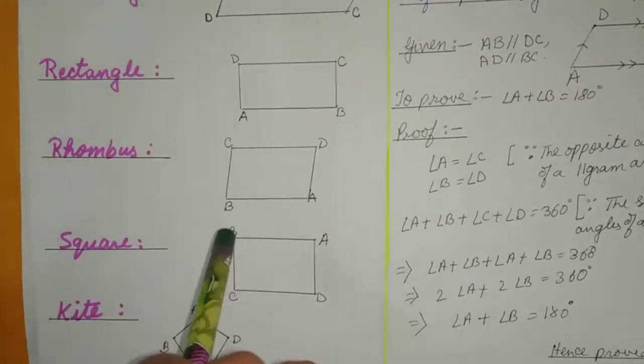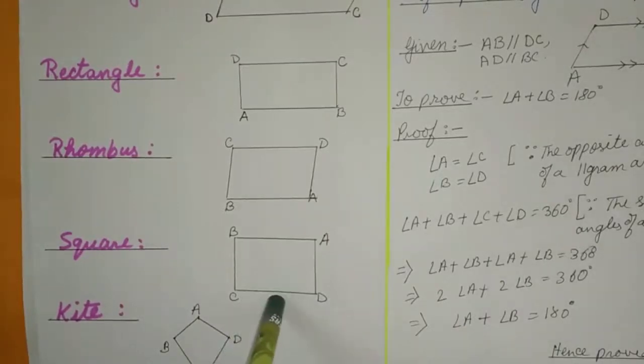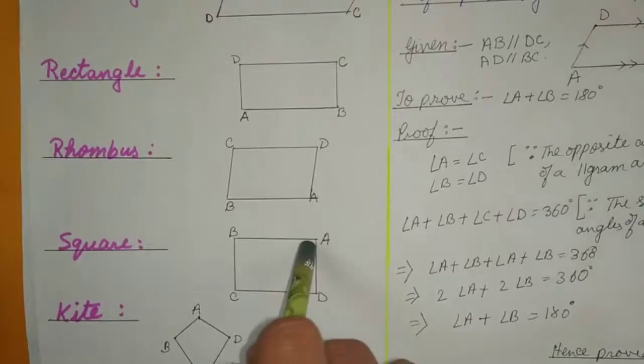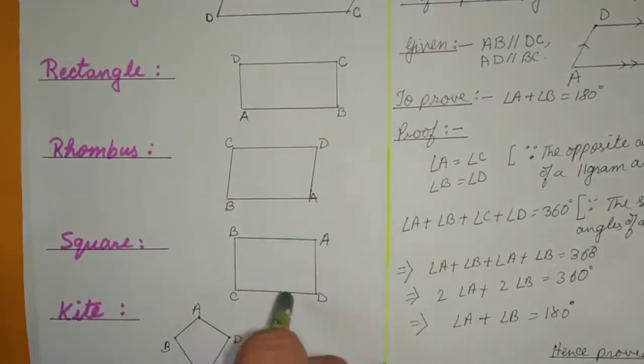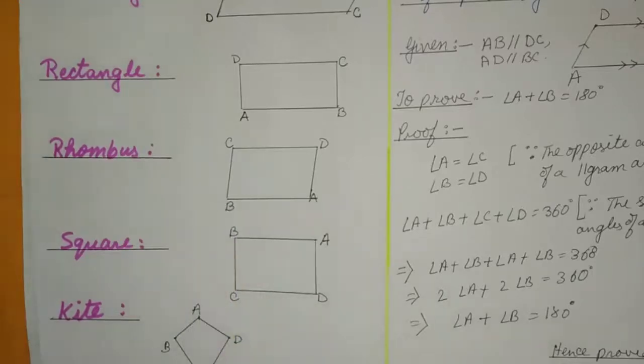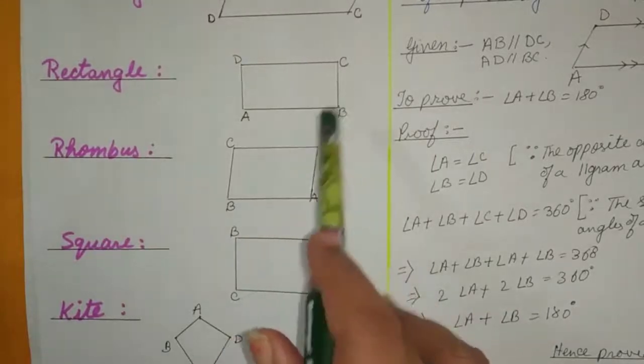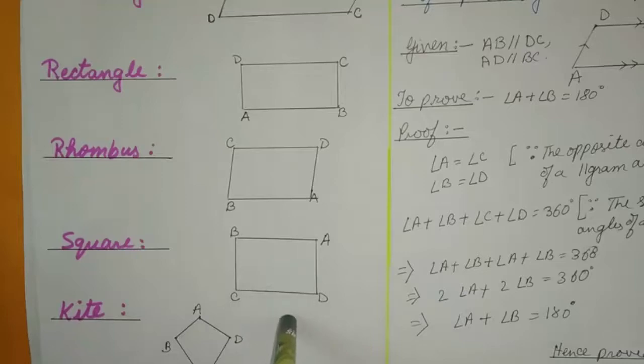Then comes the square, a very common figure that each one of you started with in your junior classes. All four sides are equal, all four angles are equal to 90 degrees, and the diagonals bisect each other at 90 degrees. The difference between a rectangle and a square is that in a rectangle the opposite sides are equal, and here all four sides are equal.